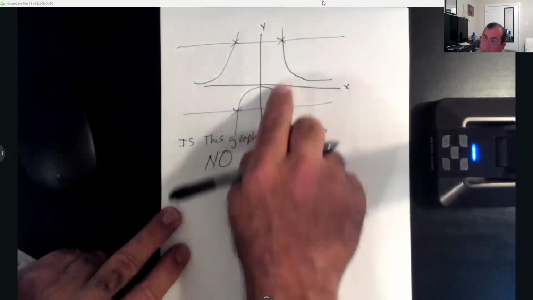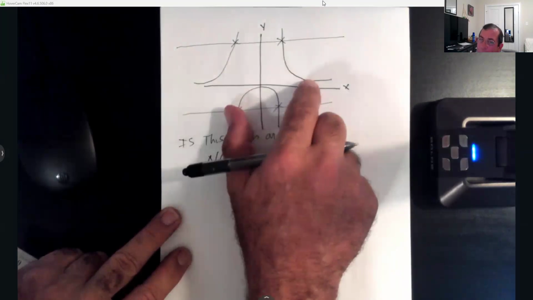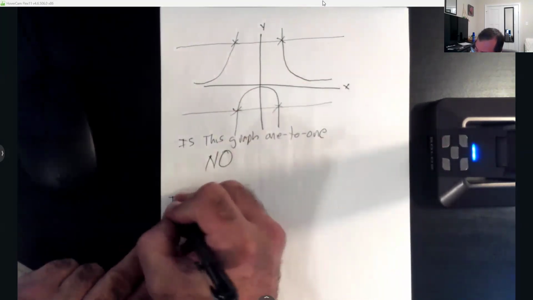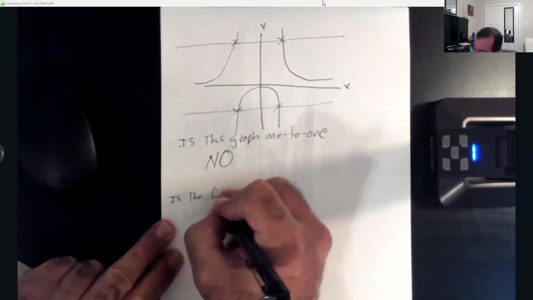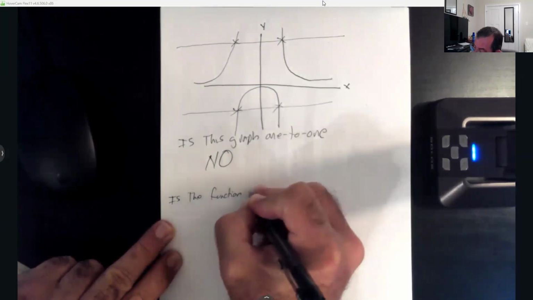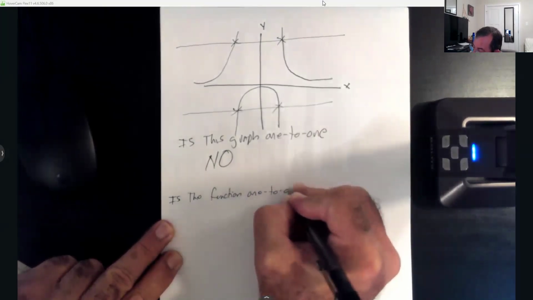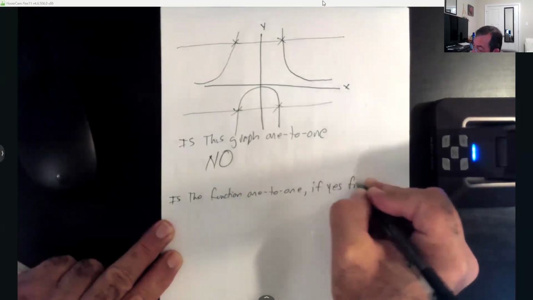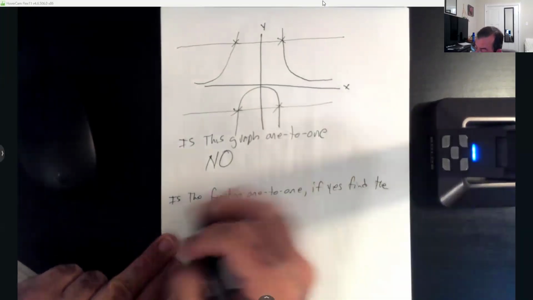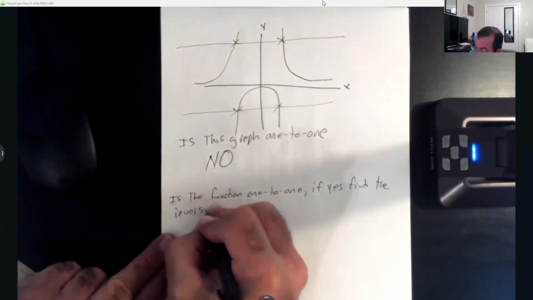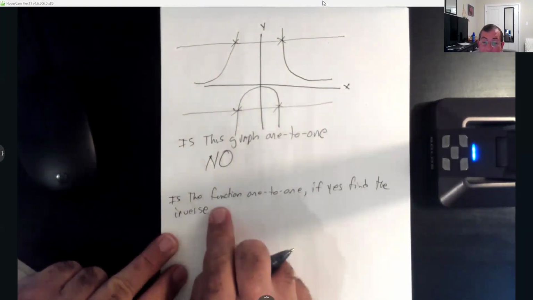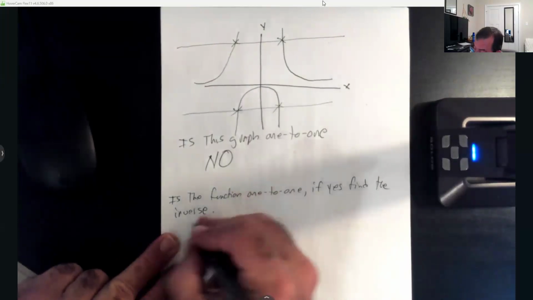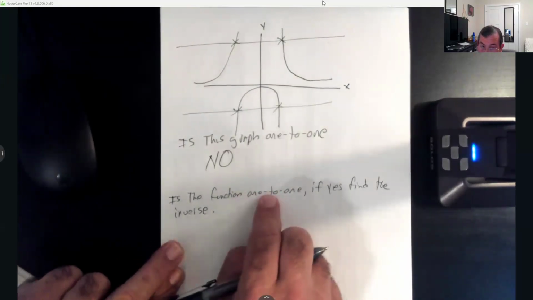Now, there is one after this that says, is the function 1-to-1? If yes, find the inverse. On this question, it is yes on 1-to-1, okay?